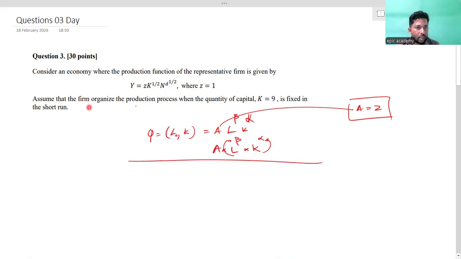Assume that the firm organizes the production process when the quantity of capital K is fixed. K is 9 and it is fixed. What does that mean? Here, you have to identify that this particular organization conducts its production process in the short-term period.